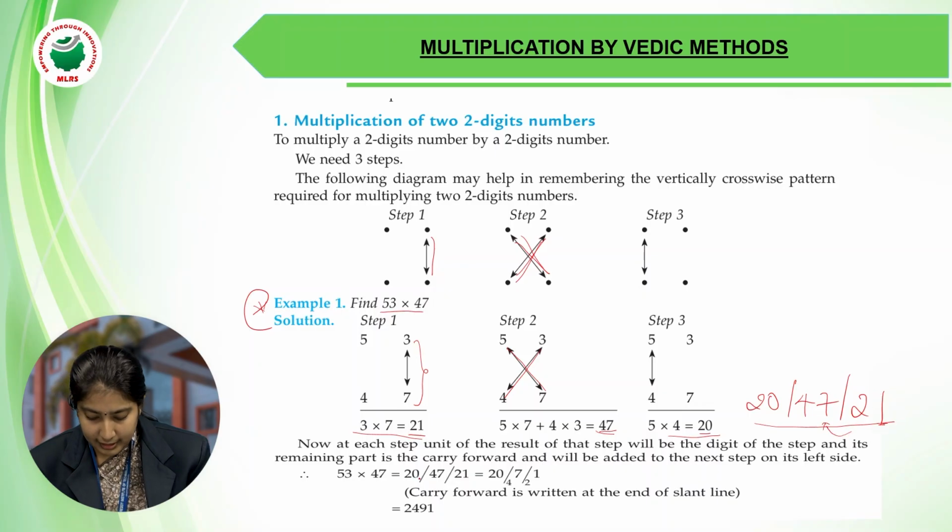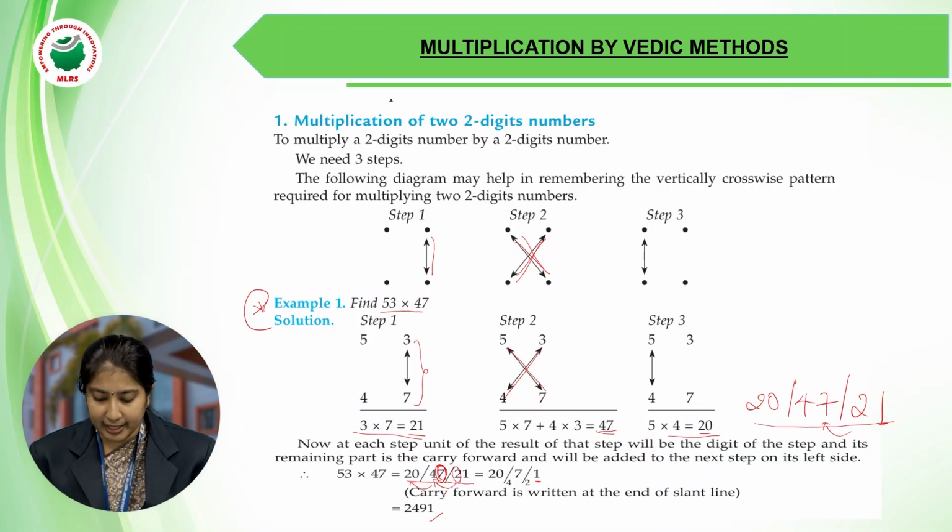That is, in 21, 2 will be sent to the other side, so you will only remain with 1. Similarly, 4 will be sent to another side, so you will remain with 7. But 7 will be added to 2 because you have sent 2 before the number. So here 7 plus 2 will result in 9. And here as well 4 will be given to 20, so you get 24. Therefore the answer will be 2491.